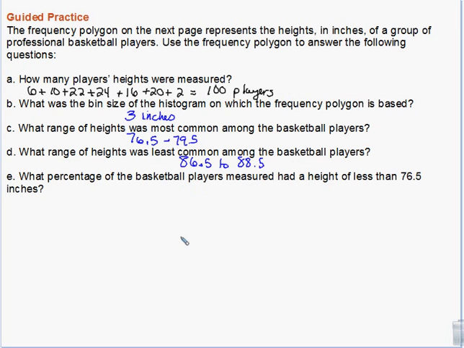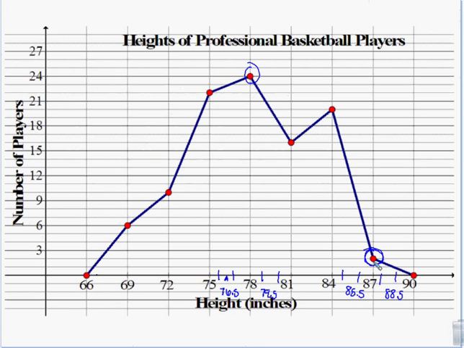Because we're going in inches, right? 6 feet is 72 inches. 7 feet is 84 inches. So these 2 people are over 7 feet tall. That's very rare. That's why there's not very many of them, right?